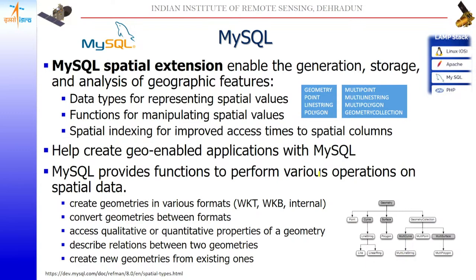Those functions also allow converting geometries from one format to another. Similarly, they provide functions for both qualitative and quantitative properties of geometry. We can get the centroid, the area, and so on. We can also use the spatial topological functions to check the relationship between one geometry and another, and we can also create new geometries from the existing ones.